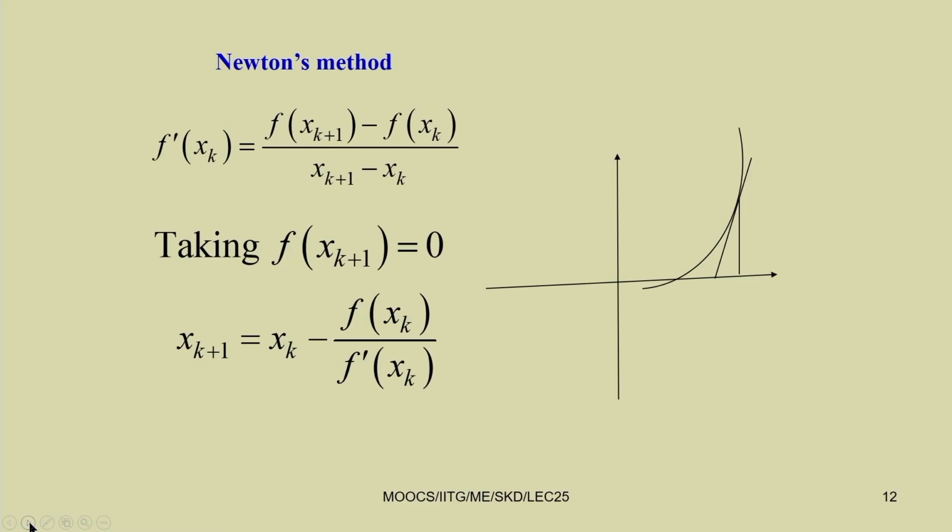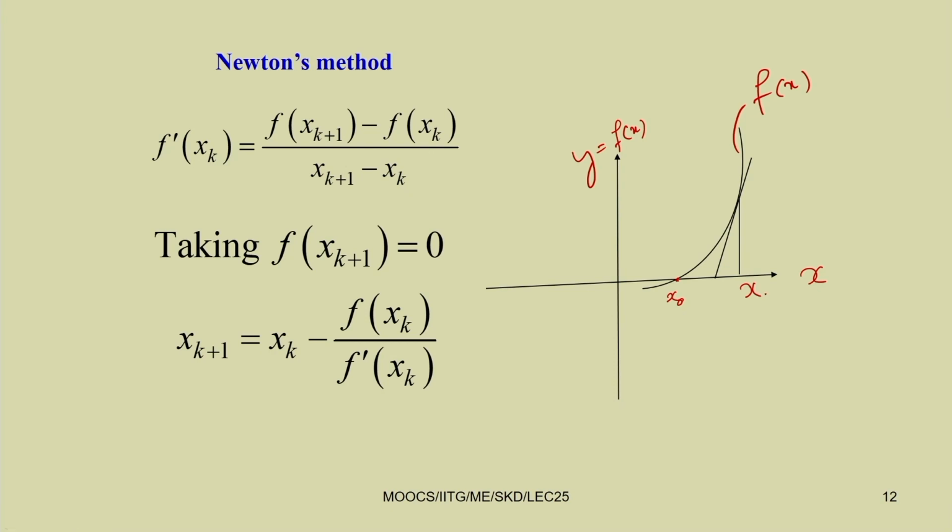In Newton's method, let this be x, this is x 0, the actual value of x, and this is the function f x. We have plotted x versus y, or y equal to f x. This is the x axis and y axis.